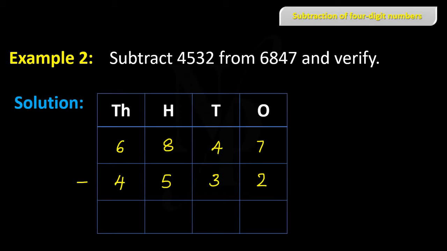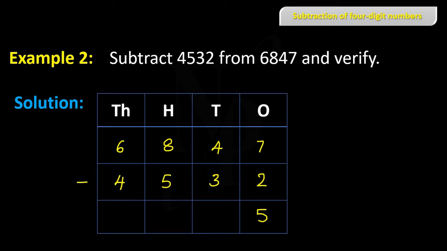Now let us subtract. Here in ones column 2 should be subtracted from 7. So now we will subtract 2 from 7 and we get 5 as difference. 7 minus 2 is 5.